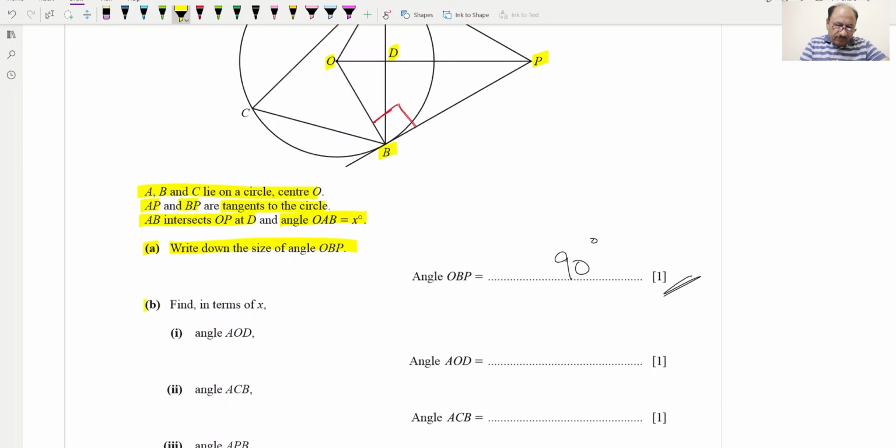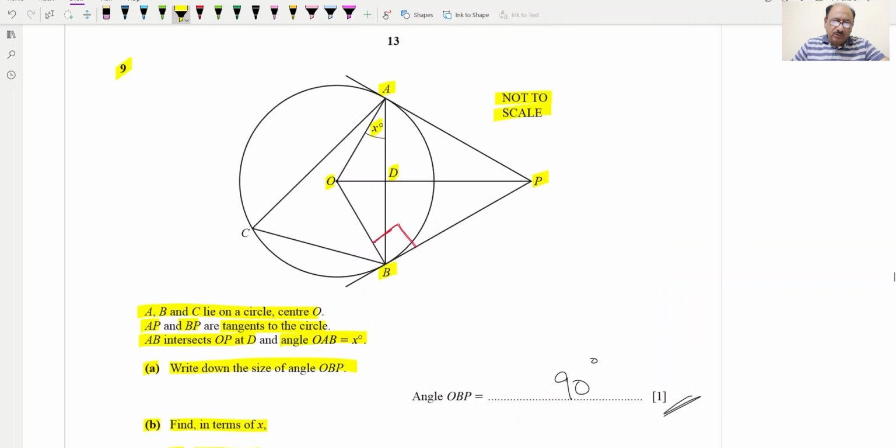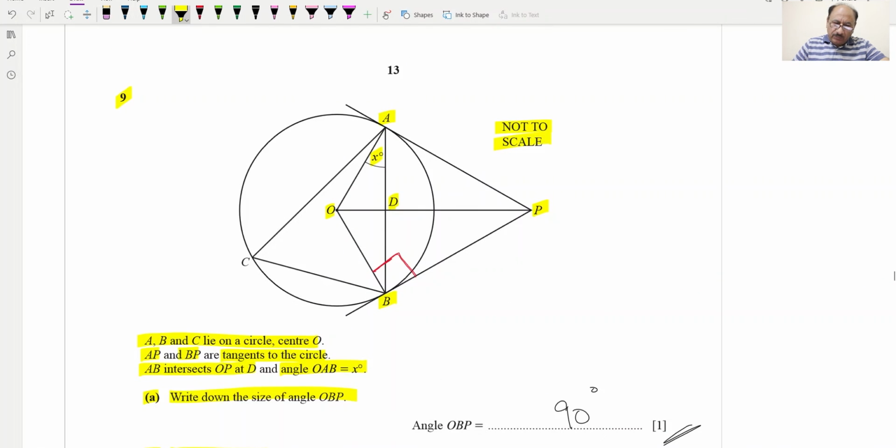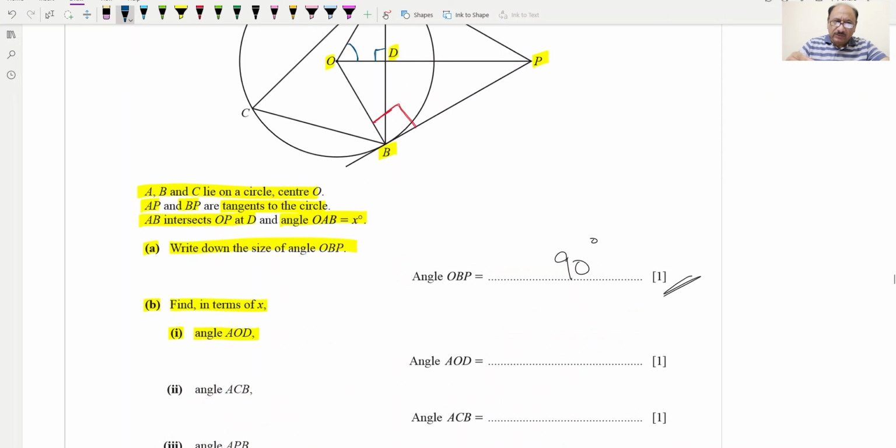Now B part, find in terms of x angle AOD. AOD is this angle, and we know this is 90 degrees, so this will be 90 minus x, so we can write the answer as 90 minus x degrees. So this will be a 1 mark question.